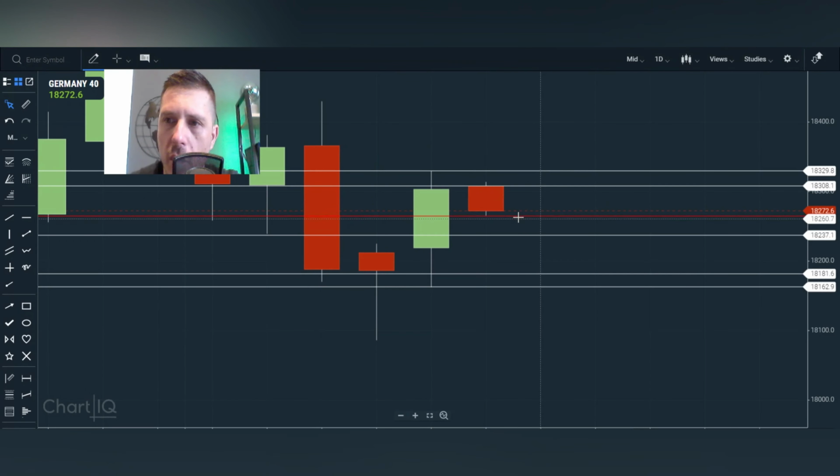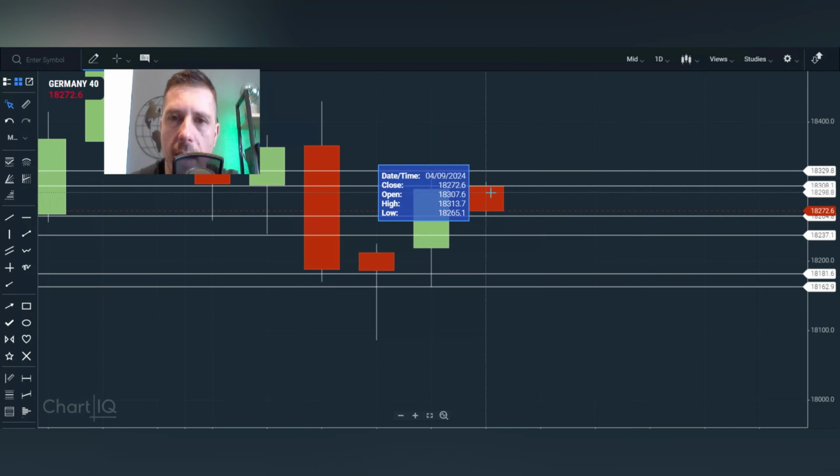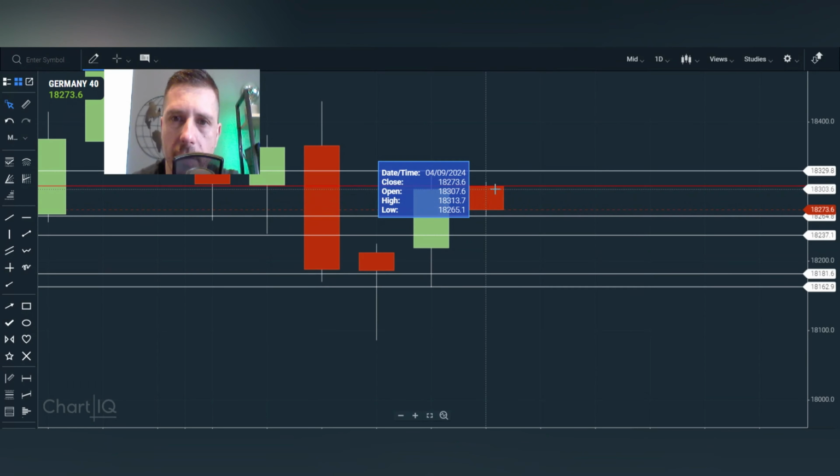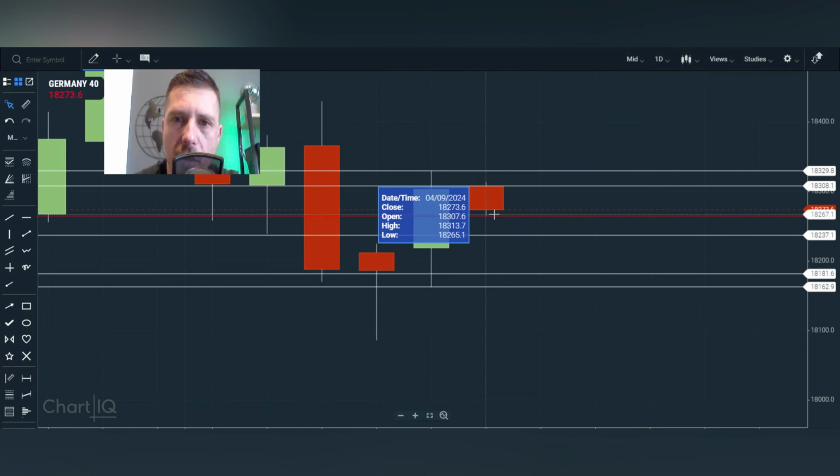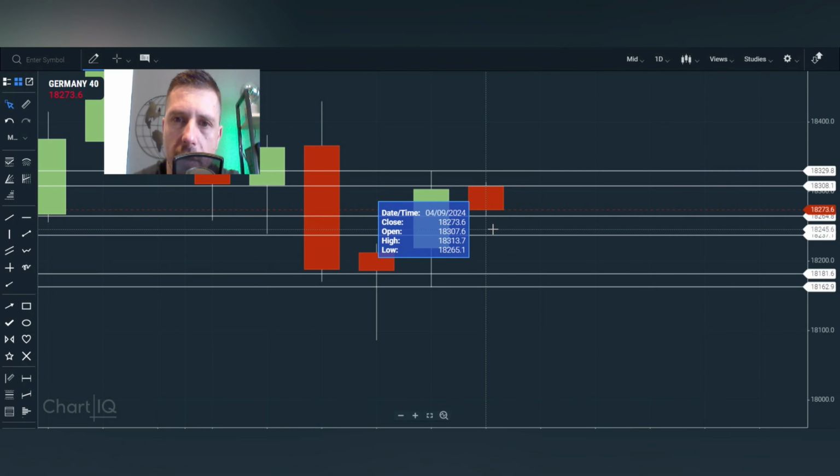So we know now that above 310 it's a long opportunity. However, if it loses 265, the daily low, it's a short opportunity.